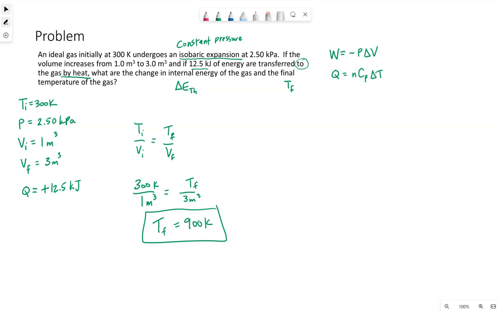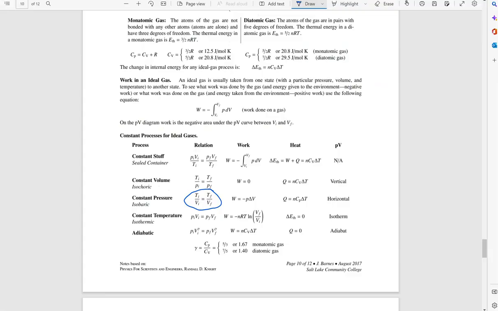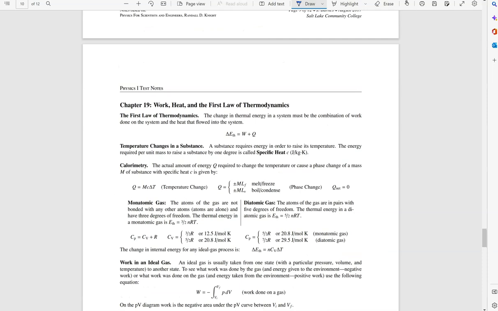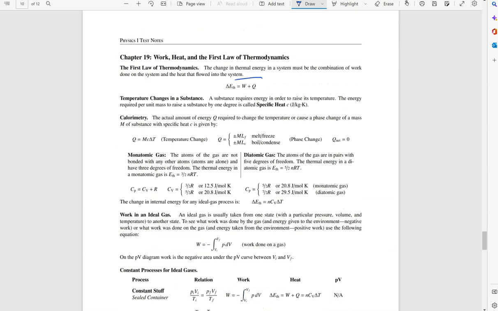We want also to find the change in internal energy. And when we come back to this table, the row that has constant pressure on it does not have a specific equation for change in internal energy. So we want to think about the first law of thermodynamics and/or this equation for the change in internal energy as n Cv delta T. That's always true.